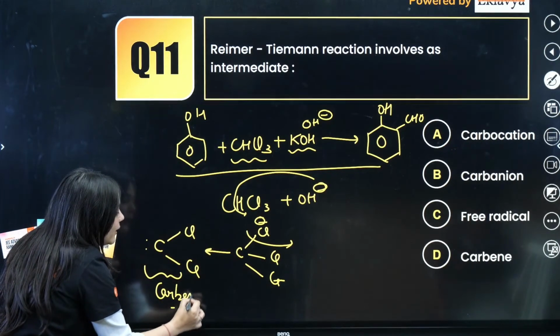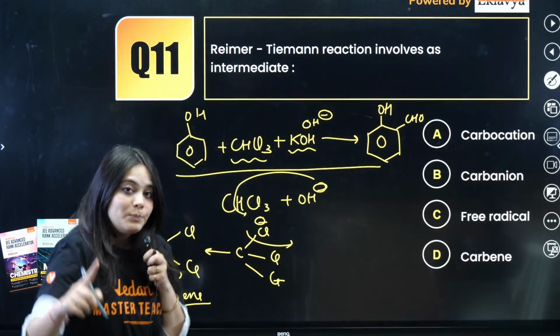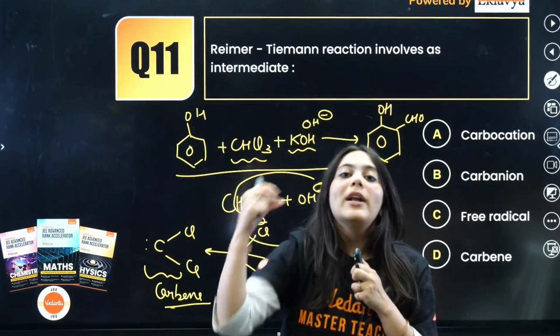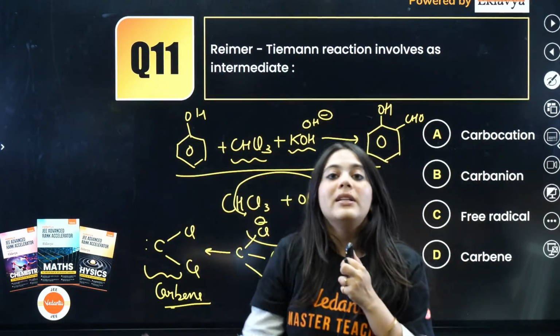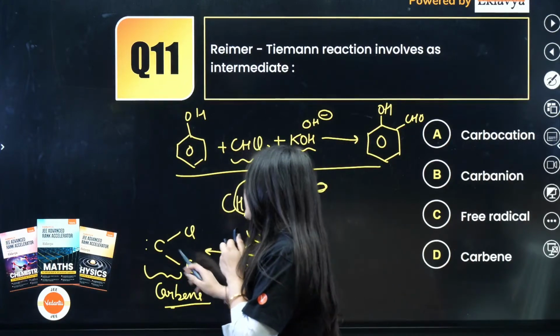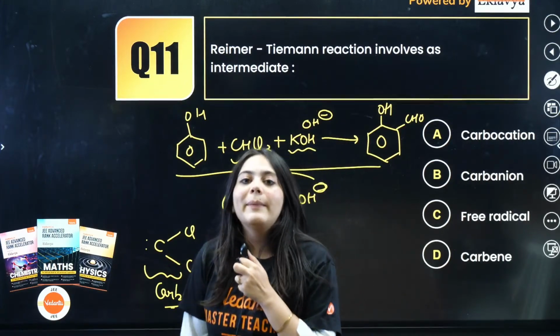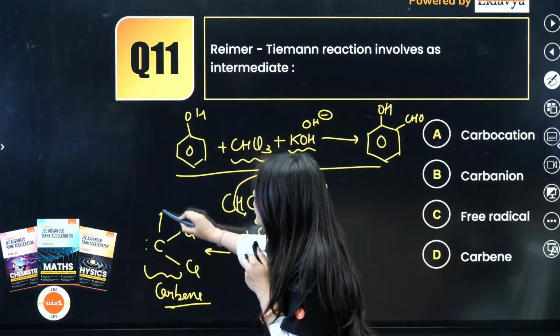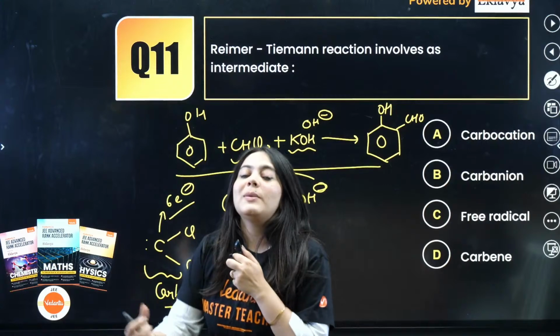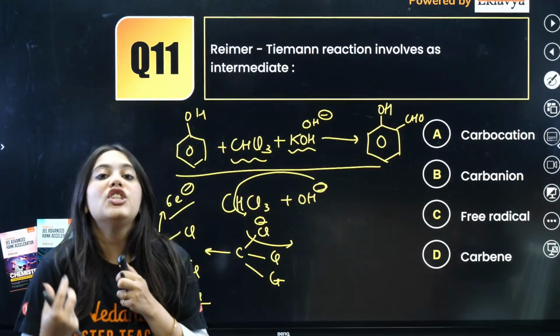Very, very important intermediate. When I taught you the name reactions, I told you to emphasize what kind of intermediates are formed in each and every reaction. So here a carbene is formed, a CCl2 kind of carbene. Carbene has how many electrons? This is a 6 electron species, which means it is an electron deficient species.